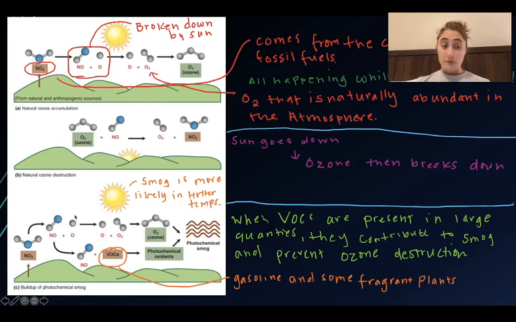Now, here's what's happening if photochemical smog is being formed. So we have the same sort of concept here, where we have this excess of NO2, again from the burning or combustion of fossil fuels, where we get the NOs and the oxygens, and we see that creation of ozone. So that's the same as that top image we just saw. But additionally, with those excess NOs, if we have excess VOCs in the air.